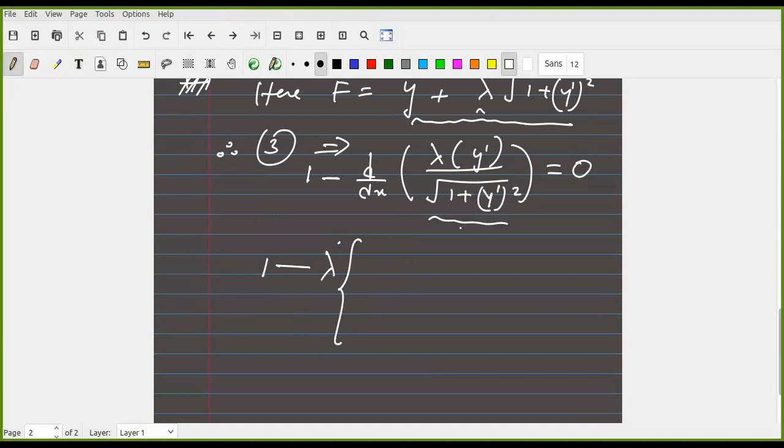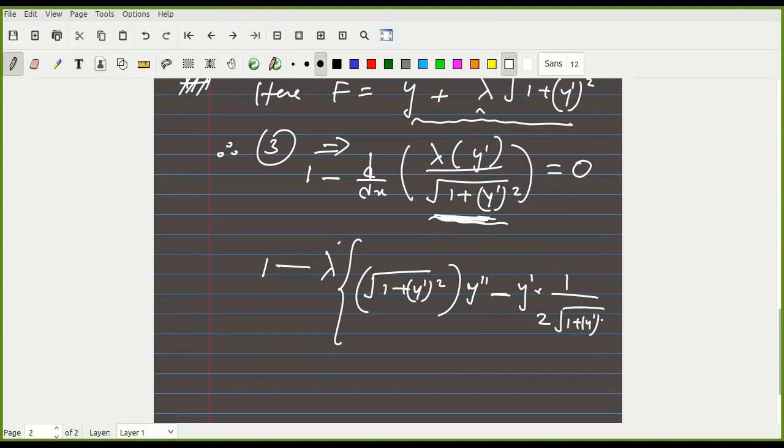So I have this denominator, root 1 plus y dash whole square, times the derivative of the numerator, while lambda is out, which is y double dash, minus the numerator has to be written and the denominator has to be differentiated, which is 1 divided by 2 root 1 plus y dash whole square into 2y dash. Remember it is d by dx, so you should also write y double dash.